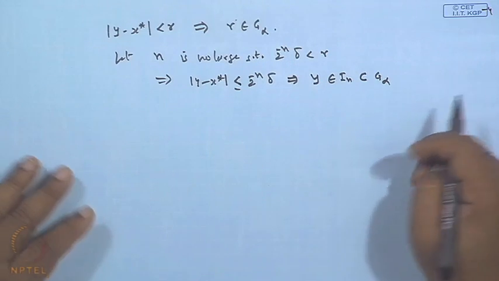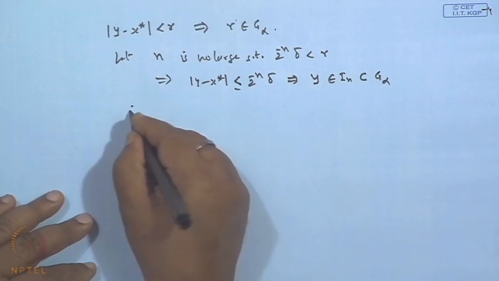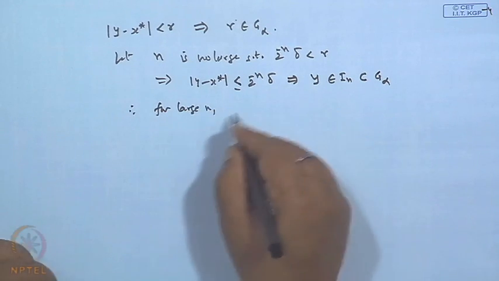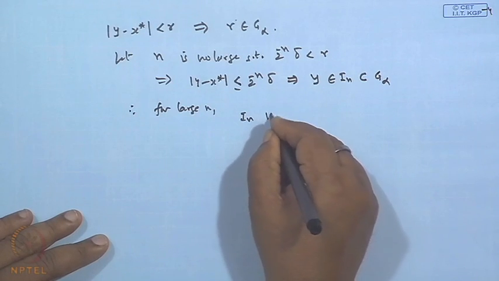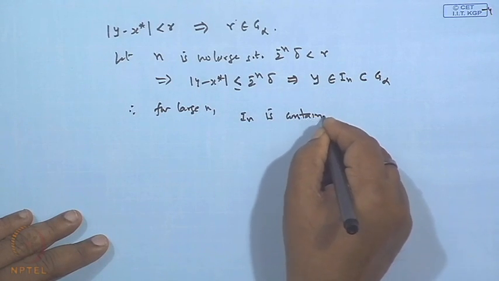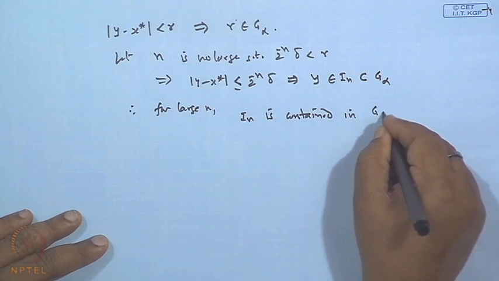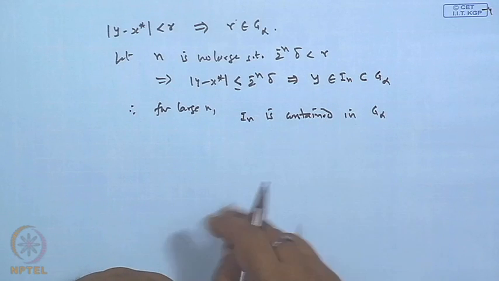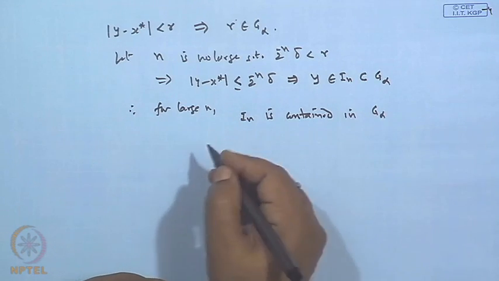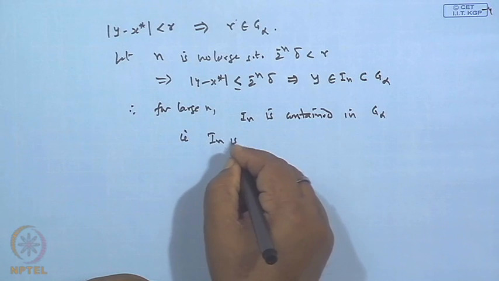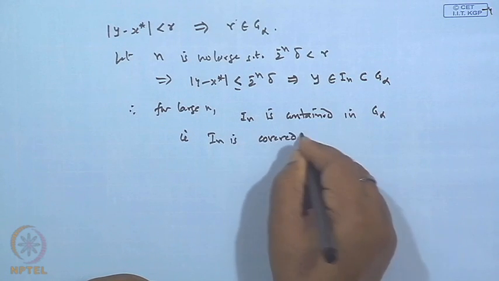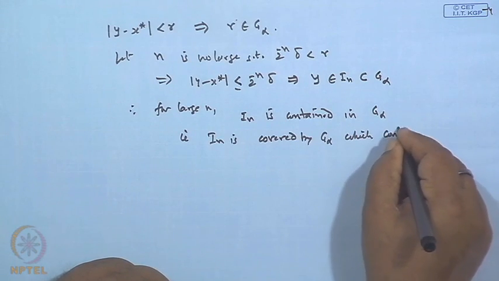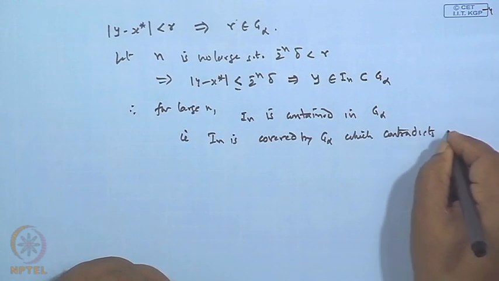Therefore, for a particular large n, I n is contained in the set G alpha. Once it is contained in G alpha, I n is covered by G alpha, which contradicts the second part.